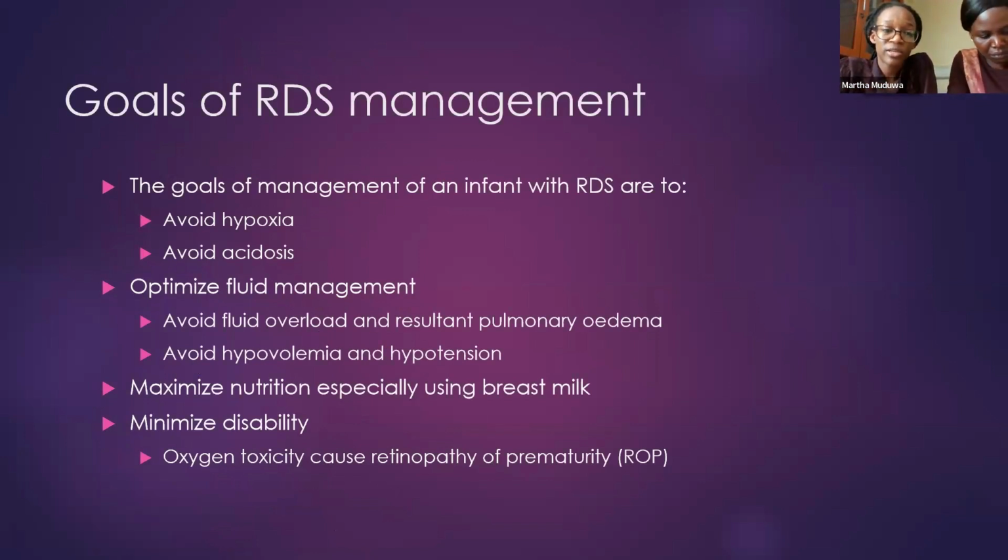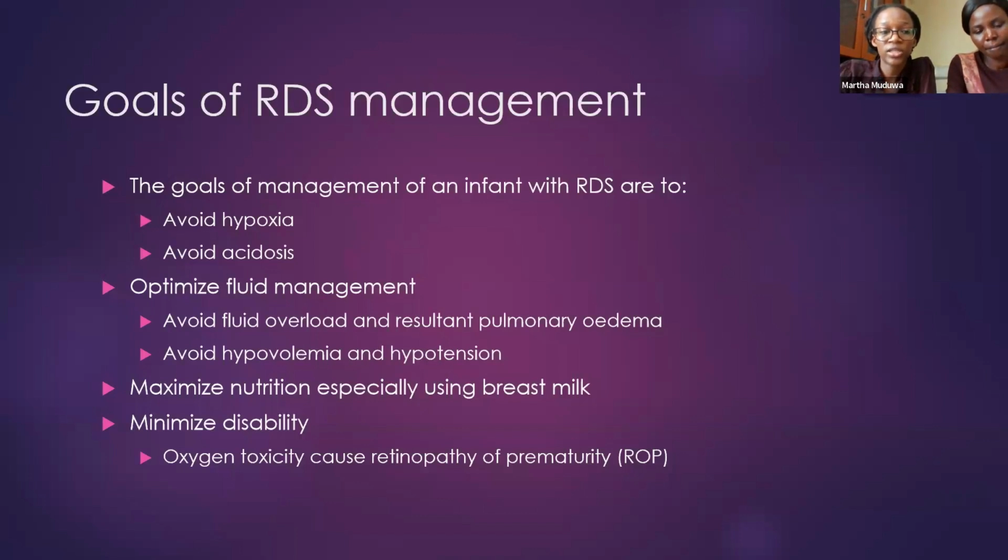So we also have to optimize fluid management. You do not want to give too much, so don't overload, because you can cause pulmonary edema. And then you also do not want your baby to go into hypovolemia or hypotension. So you should just give enough, so the right amount at the right rate, and also to maximize nutrition. So breast milk has been found to have so many benefits, and it also is of benefit in preterm infants with respiratory distress syndrome.